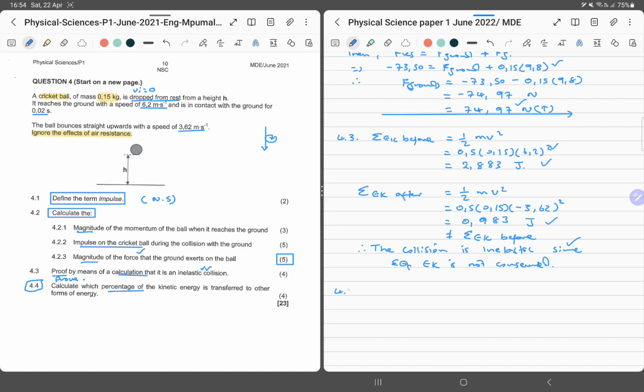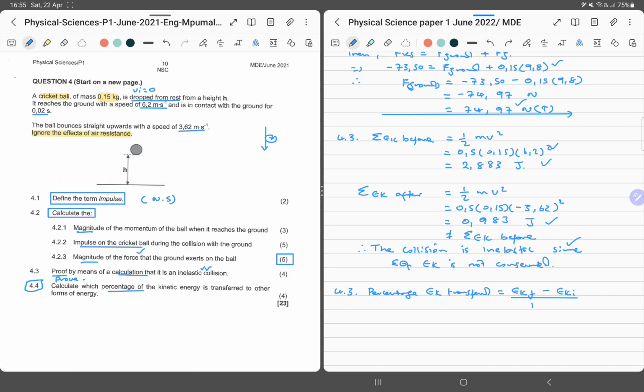So 4.3. If we want the percentage, we know that the percentage EK transferred is going to be equal to the final EK minus the initial EK. Then we divide all of that by 100. No, is it by 100?